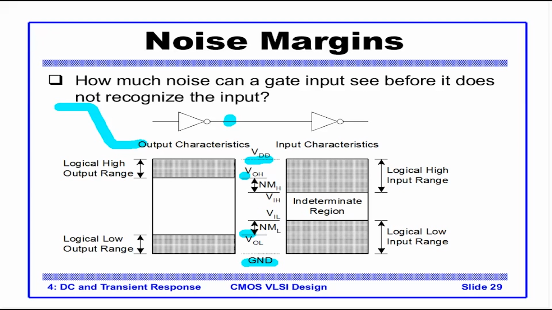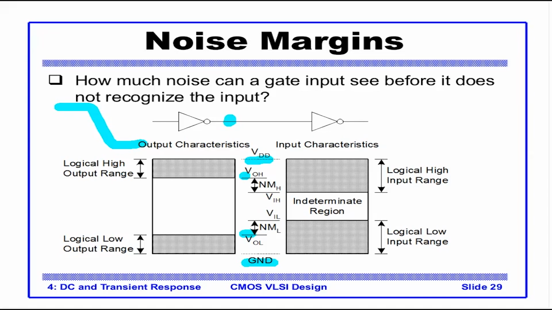Now let's say we define two more terms called VIH and VIL. What it means is that for this second inverter to recognize this value as 1, it is sufficient that it should be between VIH and VDD.